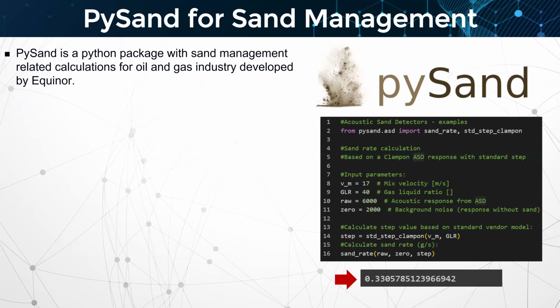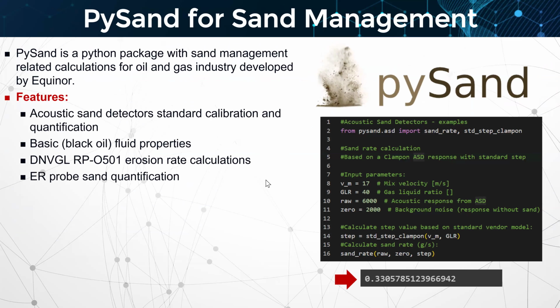And this library is for sand management, as you can see, these are the features, and using this code you can predict the expected sand rate, as you can see, based on some inputs like the maximum velocity, gas liquid ratio, acoustic response, and so on.